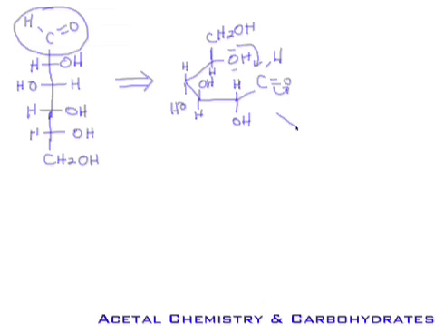And if it did, that would produce an O minus. I get an H plus adding to this O minus here. He loses his H here. I'd get something that looks like this.